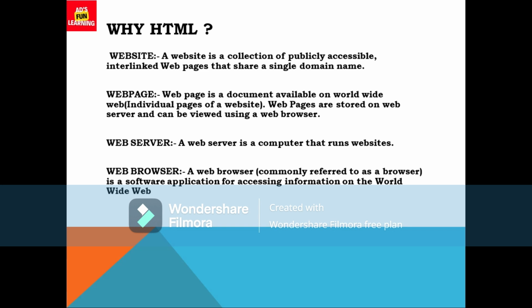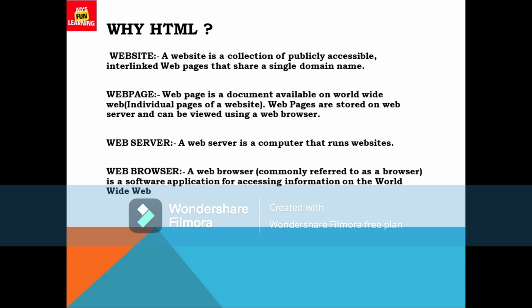Now when we are using that web browser, we are entering some address in the address bar of the web browser. Suppose I have mentioned right now www.google.co.in. This complete address is called URL, known as Uniform Resource Locator.